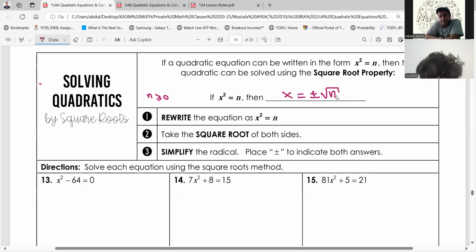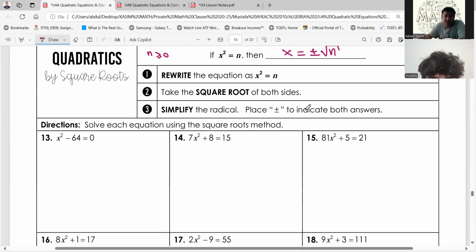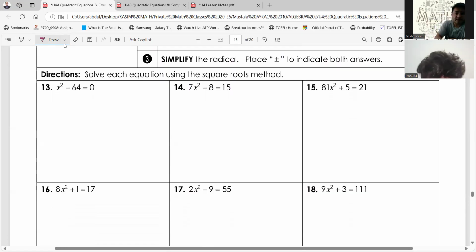I usually use this method if we have two terms in our equation and one term contains the unknown and the second term does not. For example, x squared is equal to 64, right? As the first step, I can write this as x squared equals 64, which is the square number 8 squared. So what is x? x equals plus or minus 8.